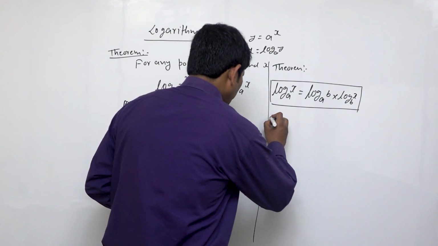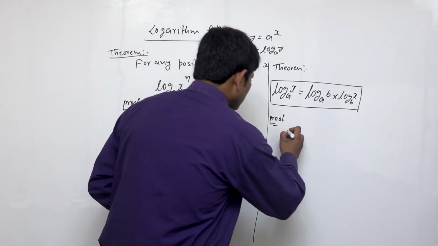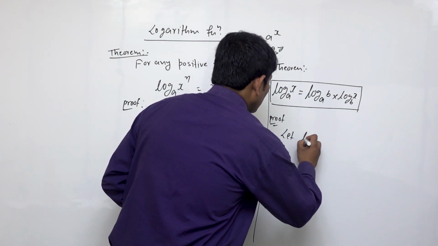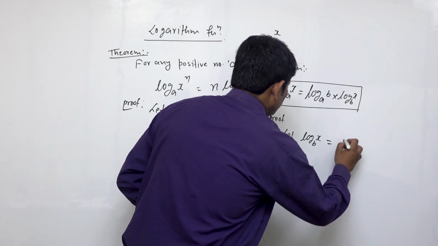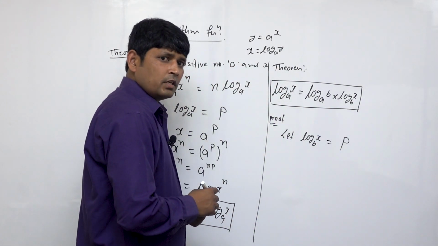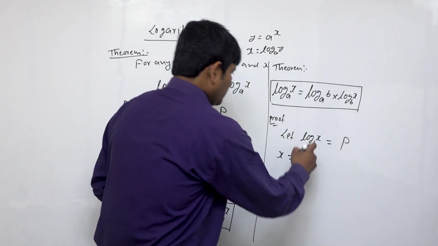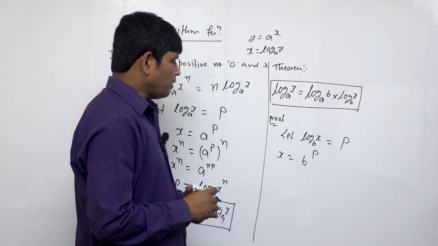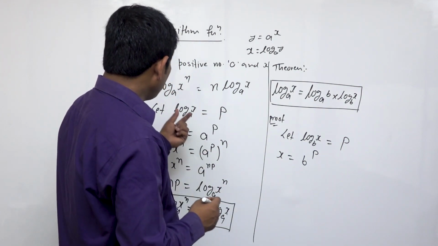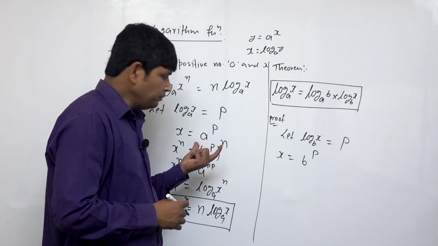Now we have to prove this property. For that proof, let log of x to the base b be equal to p. So by definition, what can we write? x is equal to b to the power p. Directly we can convert from exponential to logarithm.